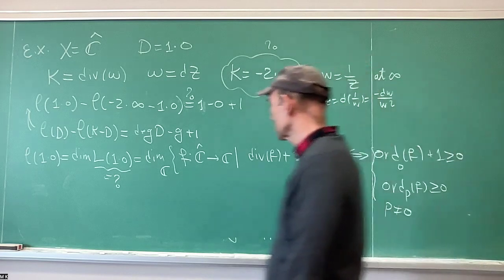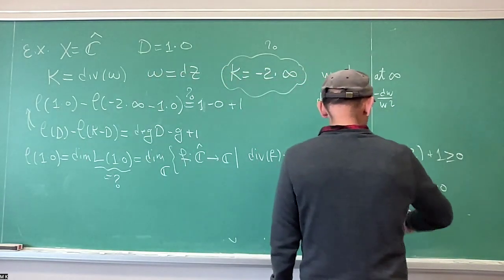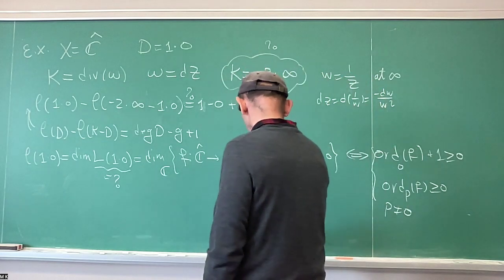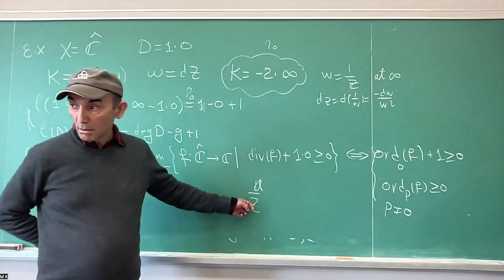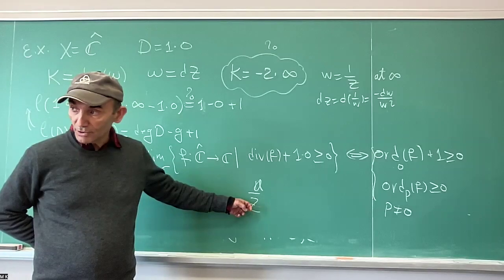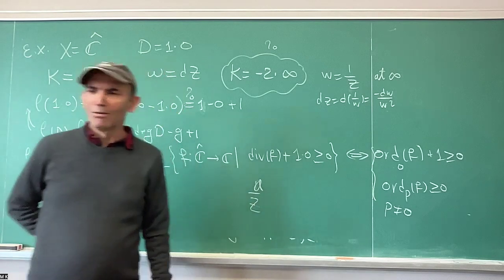So what are they? Is 1 over z, for example, acceptable? Yes. Any polynomial over z? Ooh, that's dangerous. Any polynomial not divisible by 0 over there?